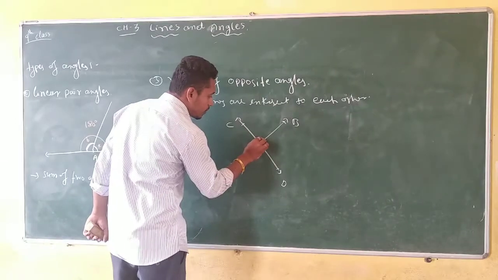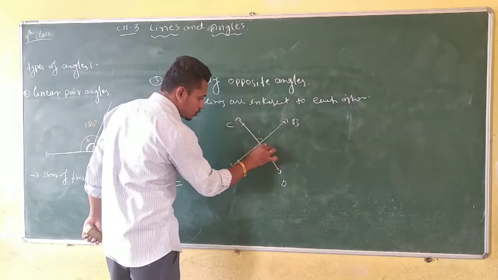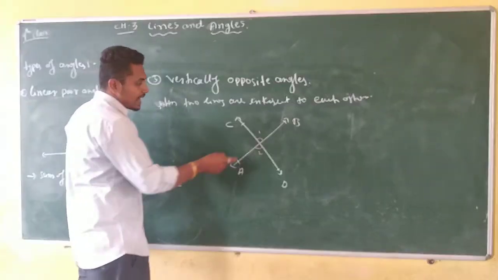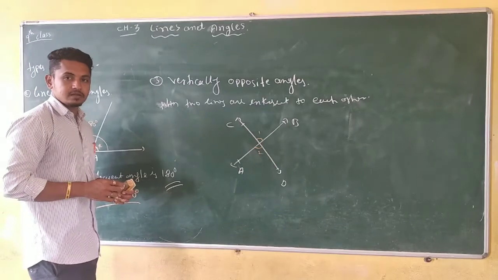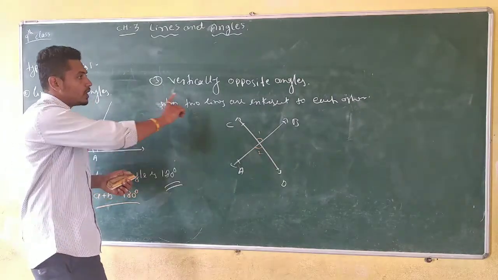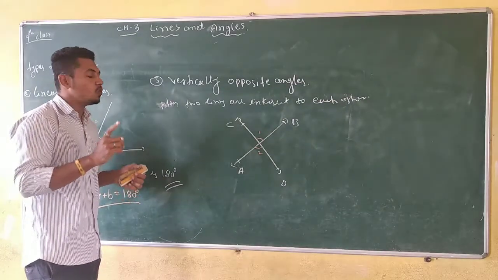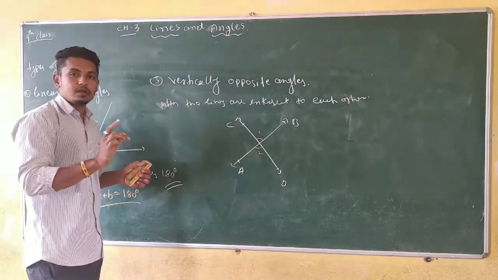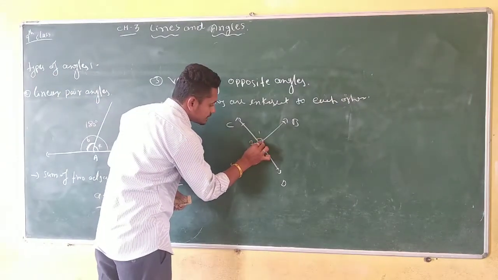This angle we can call angle 1 and this angle we can call angle 2. Angle 1 and angle 2 are vertically opposite. Vertically opposite angles have one common point, or one common vertex. Now see here, this angle is 3 and this angle is 4.